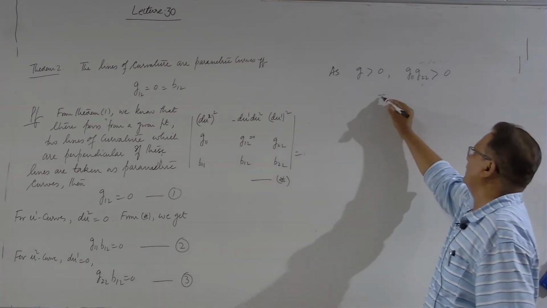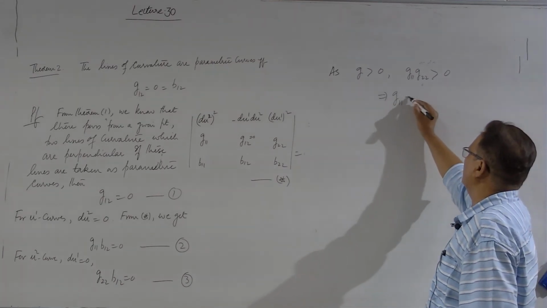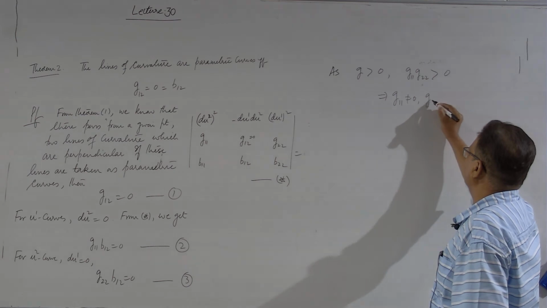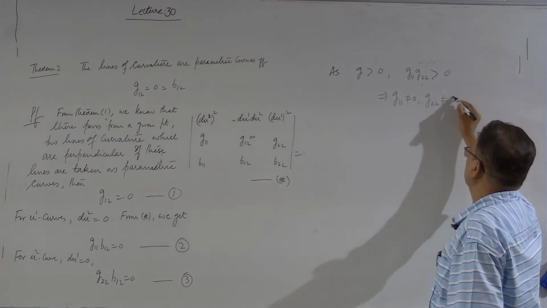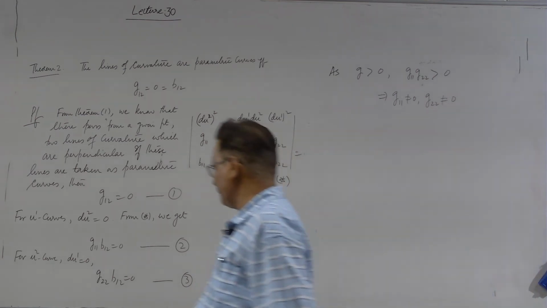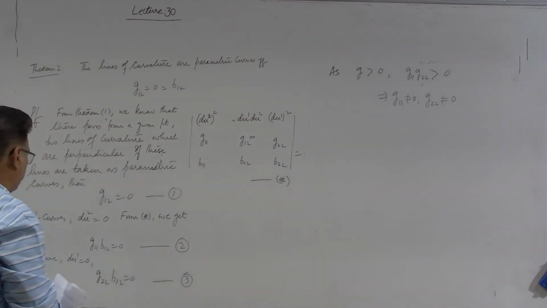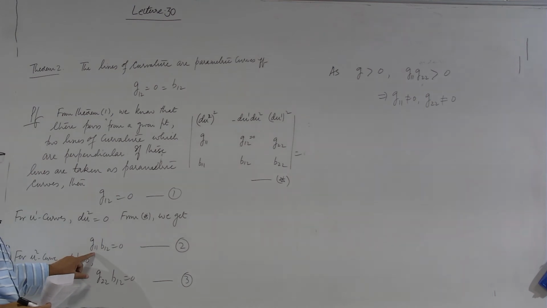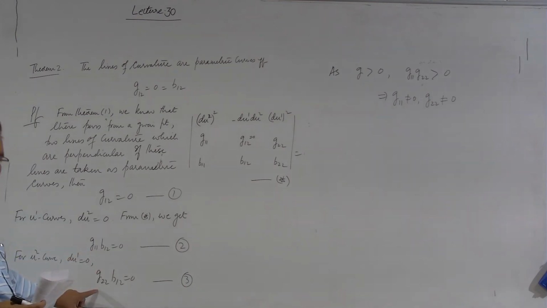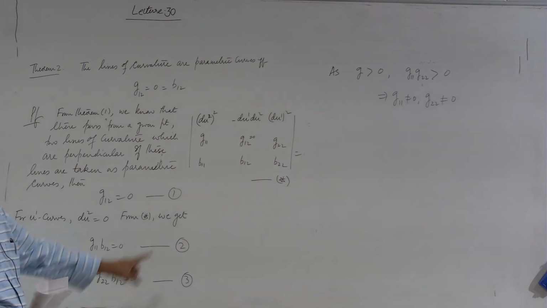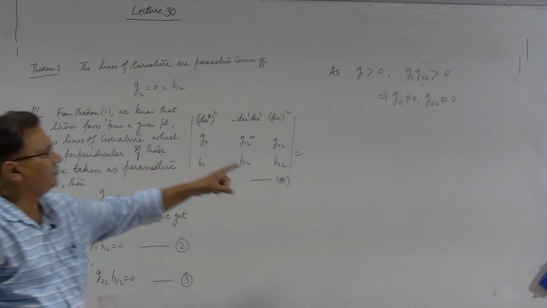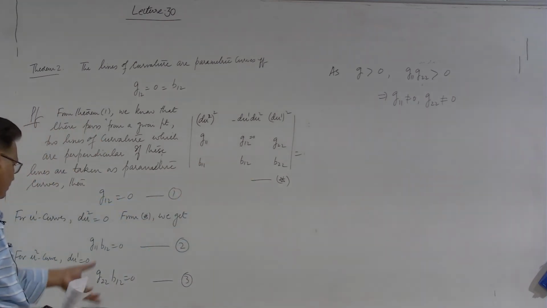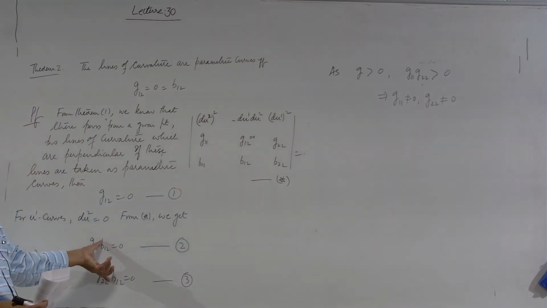So, this implies that g11 is non-zero as well as g22 is non-zero. So, if you look at relation number 2, here g11 is not 0, b12 is not 0, g22 is also not 0 from 3. So, b12 is 0. So, that non-zeroness of g11 and g22 will give you that b12 is 0.